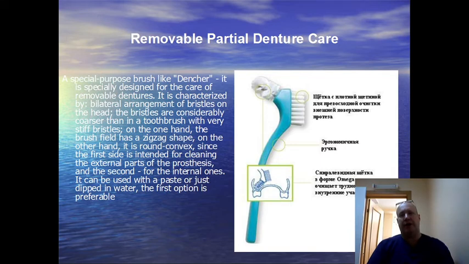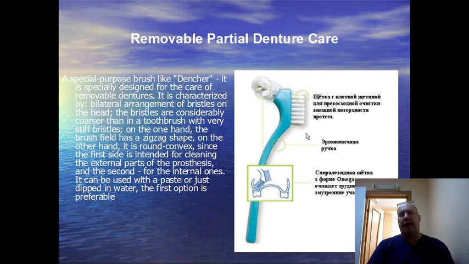When you take it off, use a specific purpose brush, like a denture brush, specially designed for care of removable dentures. It's characterized by a bilateral arrangement of bristles on the head, and the bristles are considerably coarser than in toothbrushes, very stiff.